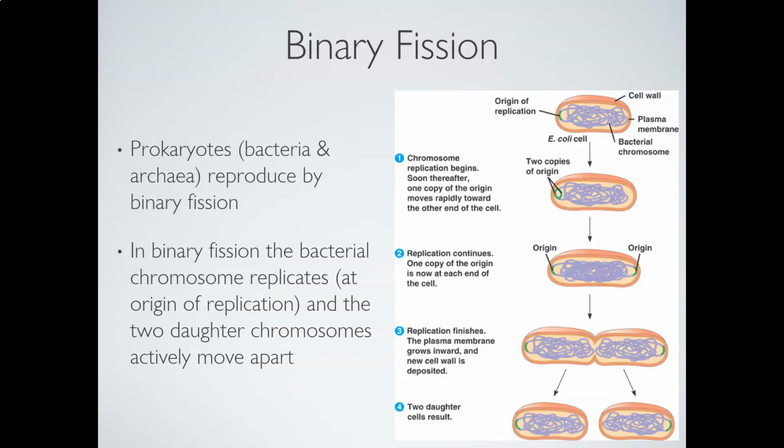So that means that that origin of replication is going to have to open, replicate in a loop, and then complete itself. So as we create those, the origins are what ends up pushing out to either end of the cell as we complete the replication of the rest of the chromosome and get two copies of it. Those will then end up on either end of the pole and then we'll split from there.